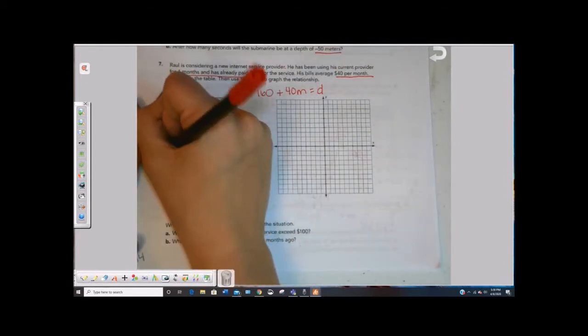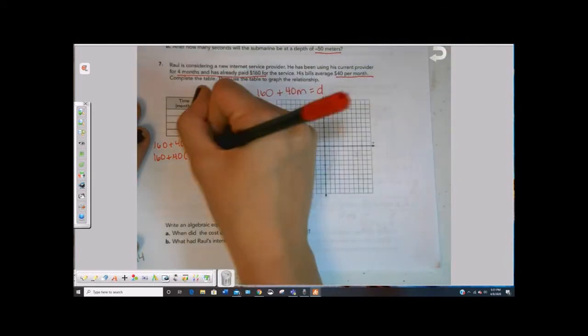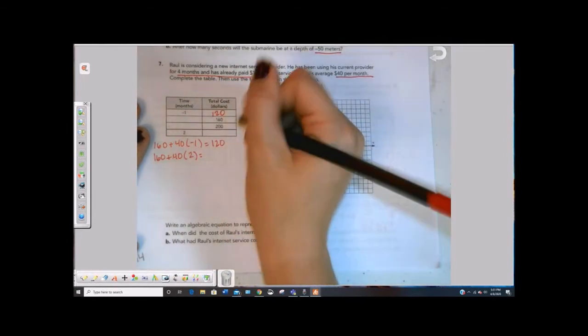So a month ago, he had only paid $120. When it's positive, it's adding on more months. So 2 months in the future, he will be paying $240.